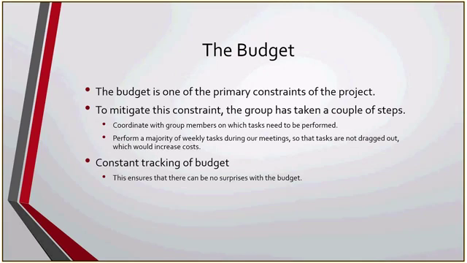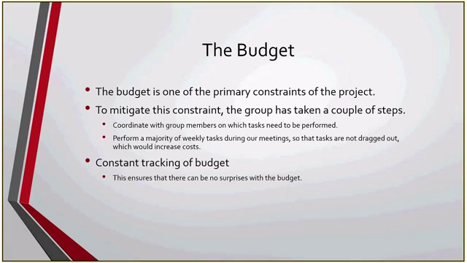All right, so obviously one of the major constraints for the project is the budget. And we put in some thought on how to get the most out of the budget that we can. To mitigate the constraint, what we've done is coordinate with each other for our weekly meetings so we can get the most efficient use of our time.